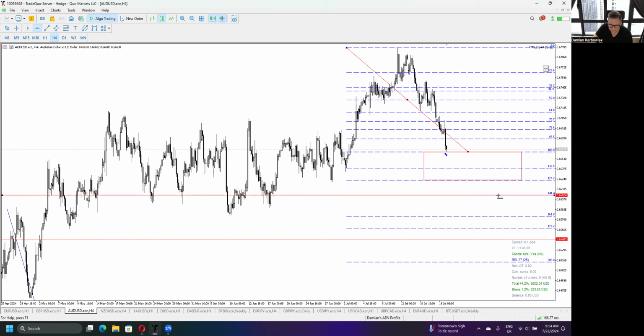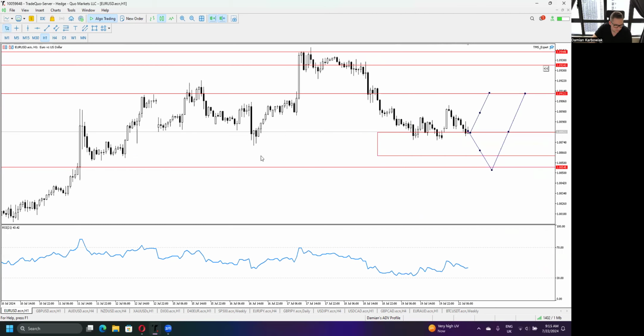So according to that fact, as you can see, all of the markets related to dollar should go up temporarily. So after that, you can choose whether it's better for you to play. Actually, I would say that Audi USD looks better than, for example, Euro dollar because of the range.